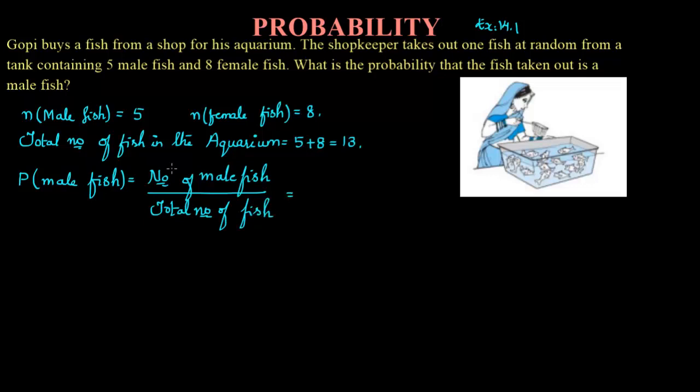So you know the total number of male fish, how many are there? 5, divided by how many fish in total are there in the tank? It is 13. So very simple, 5 by 13 is the answer.